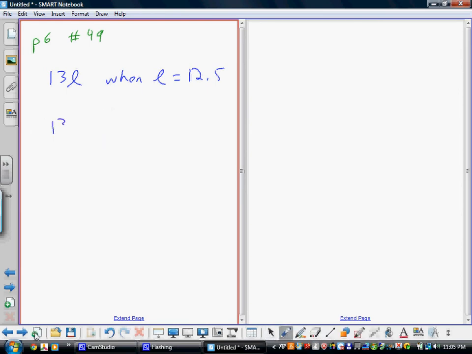It's 13, and we substitute what L is, which is the 12.5, and 13 times 12.5 is, well, hopefully you have a calculator. 13 times 12 is 156, and then 6.5 more, which will give us 162.5. And if we keep our units, it will be in centimeters. That should be the end of section 1.1.